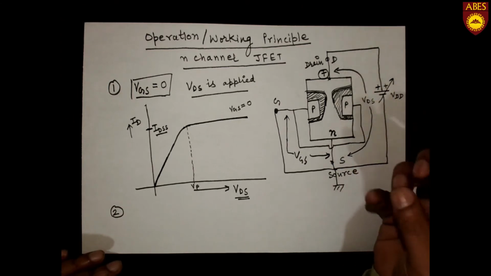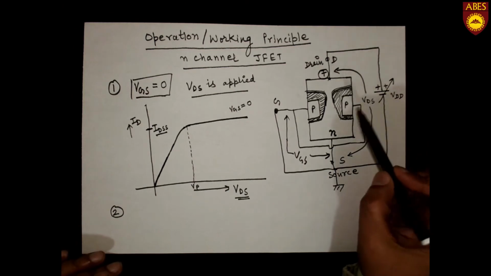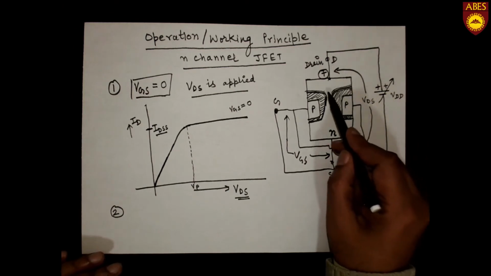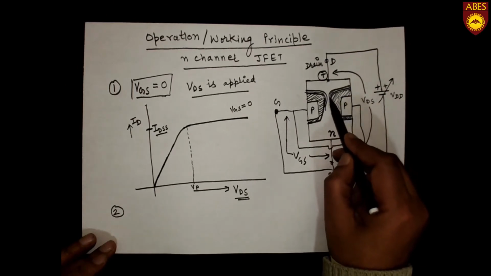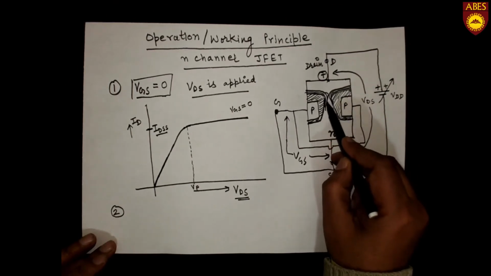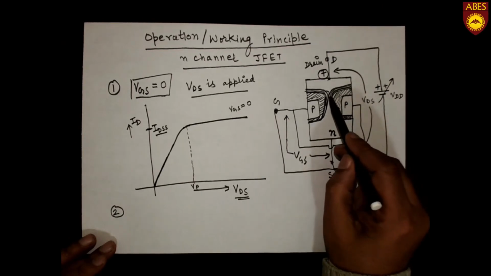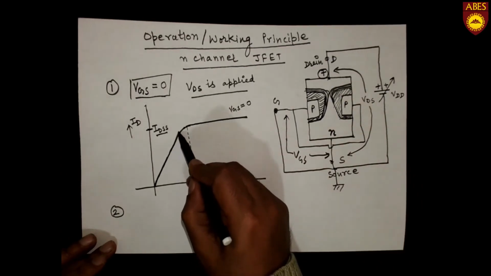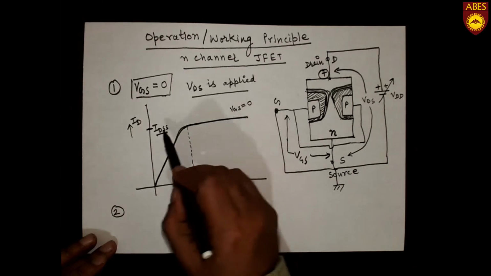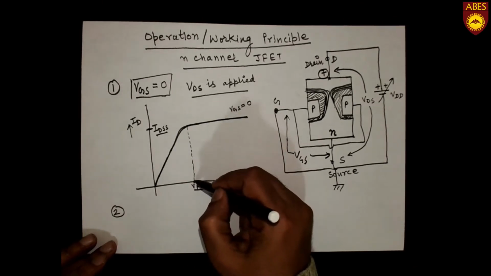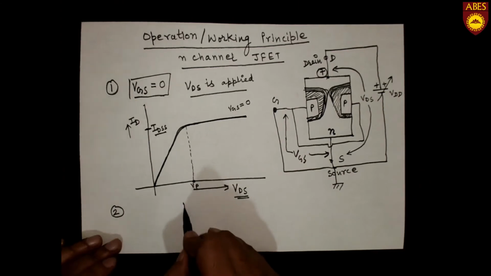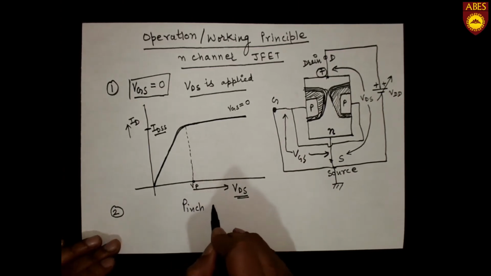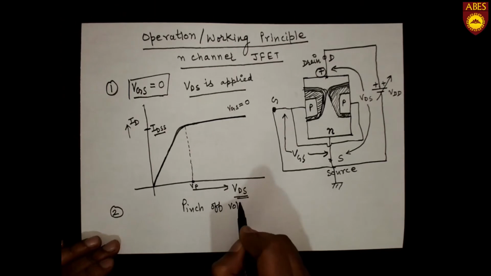If we keep on increasing the voltage, the channel narrowing also increases, and at a certain point when the channel is at the verge of getting closed, the current becomes constant. The voltage at which this condition occurs is called the pinch off voltage.